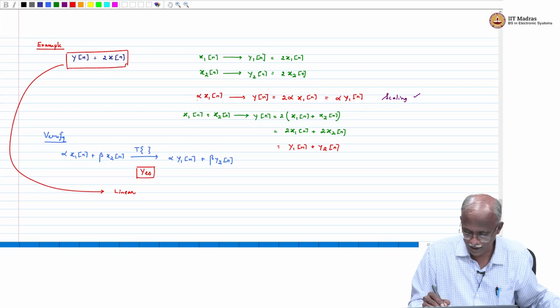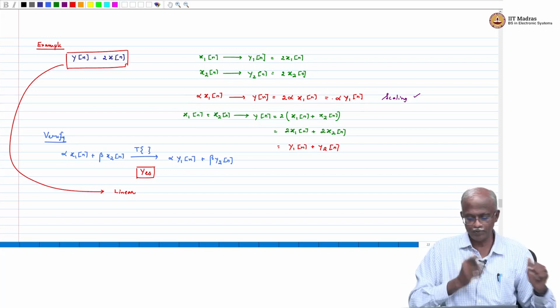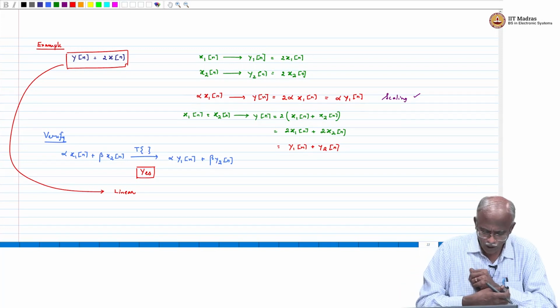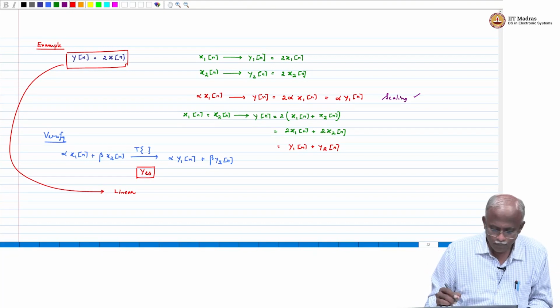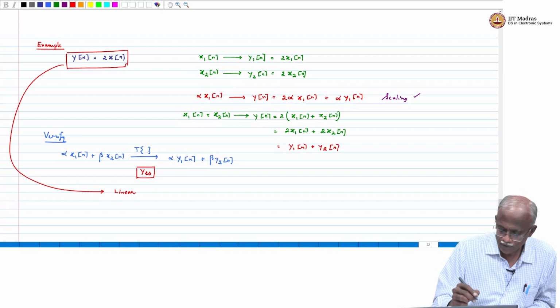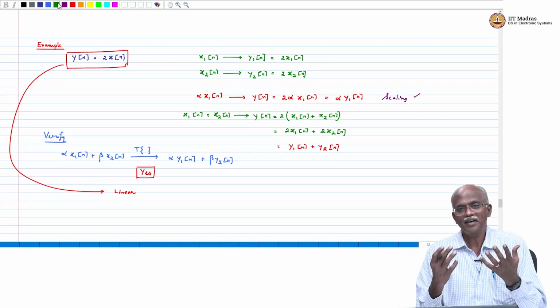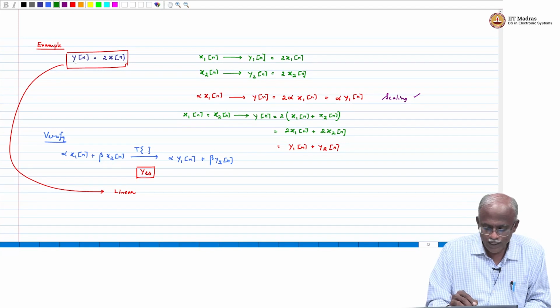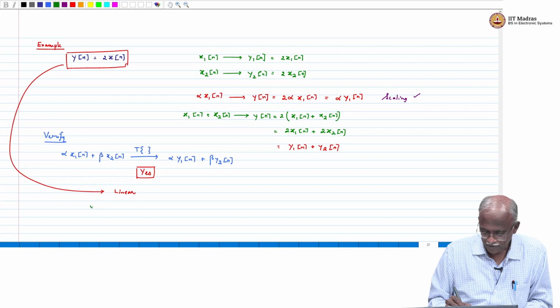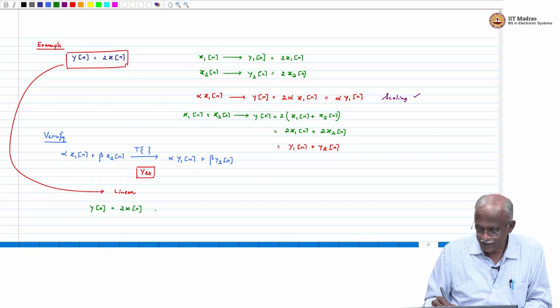That is our scaling. Input is scaled by alpha, output is scaled by alpha. Absolutely correct. One very interesting observation we know from trigonometry and from algebra: y of n equal to 2 times x of n is a straight line equation.